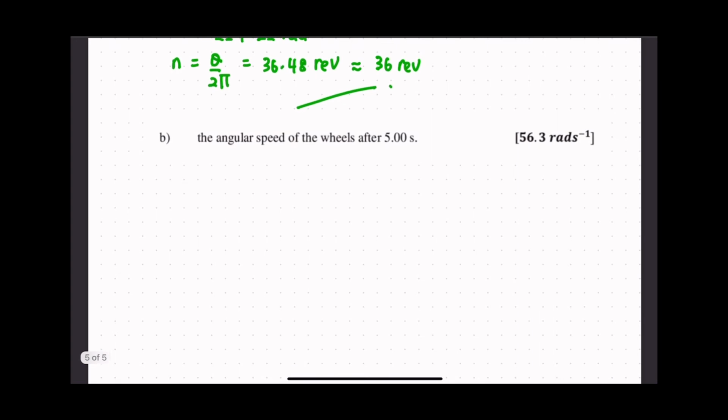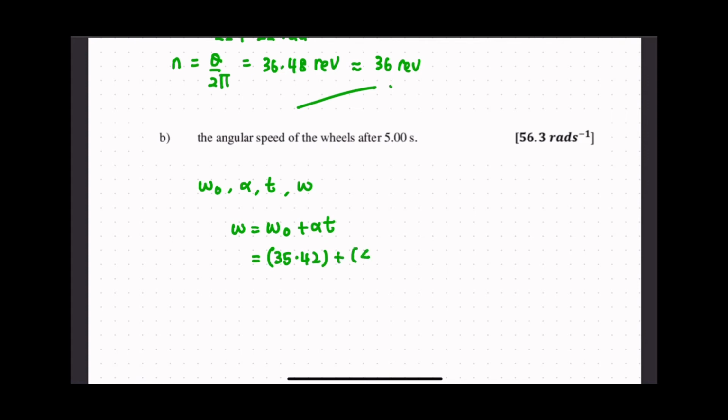Angular speed of the wheel after 5 seconds. It means we have omega naught, we have alpha and we have t during 5 seconds, and it asks us to find the angular speed after 5 seconds. So we use this formula. Omega is equal to omega naught plus alpha t. Omega naught is 35.42, usually take 2 decimals.